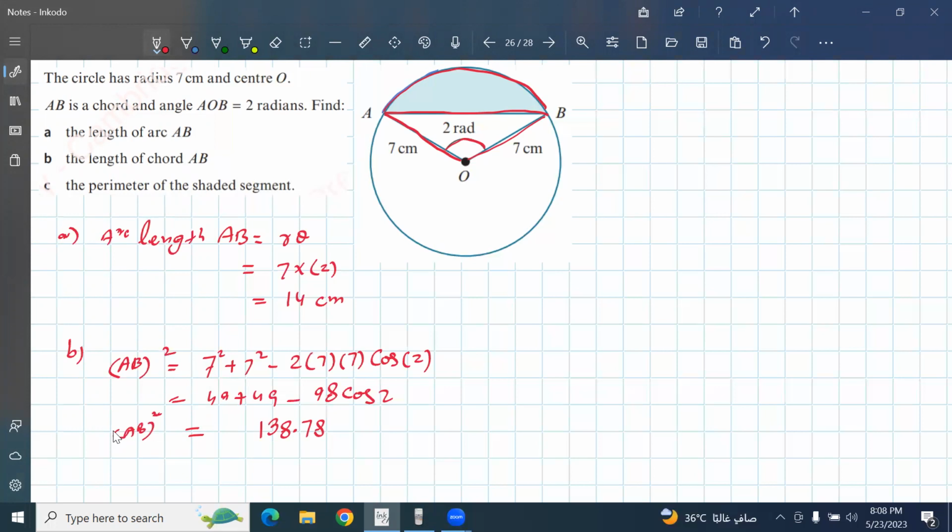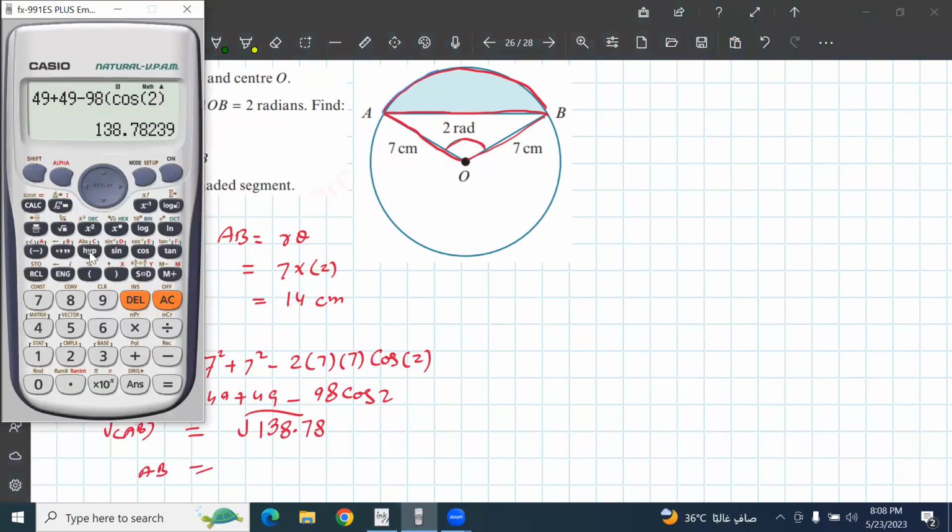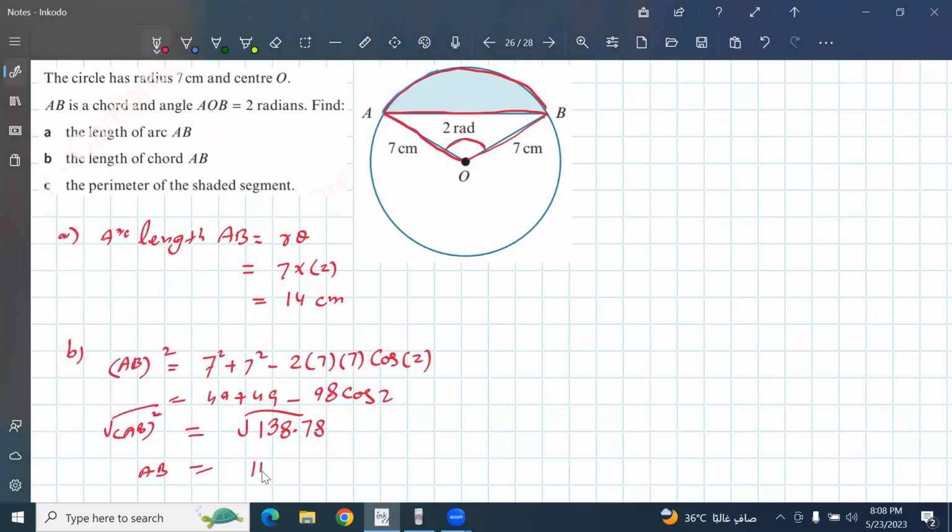So we find AB by taking square root on both sides. AB is equal to the square root of the answer, which gives us 11.78. To three significant figures, 11.8 centimeters.